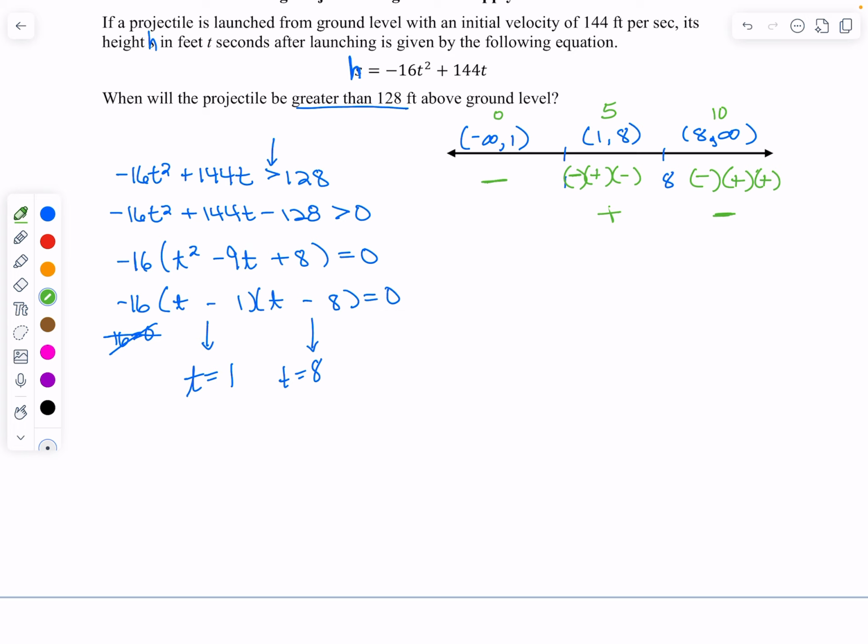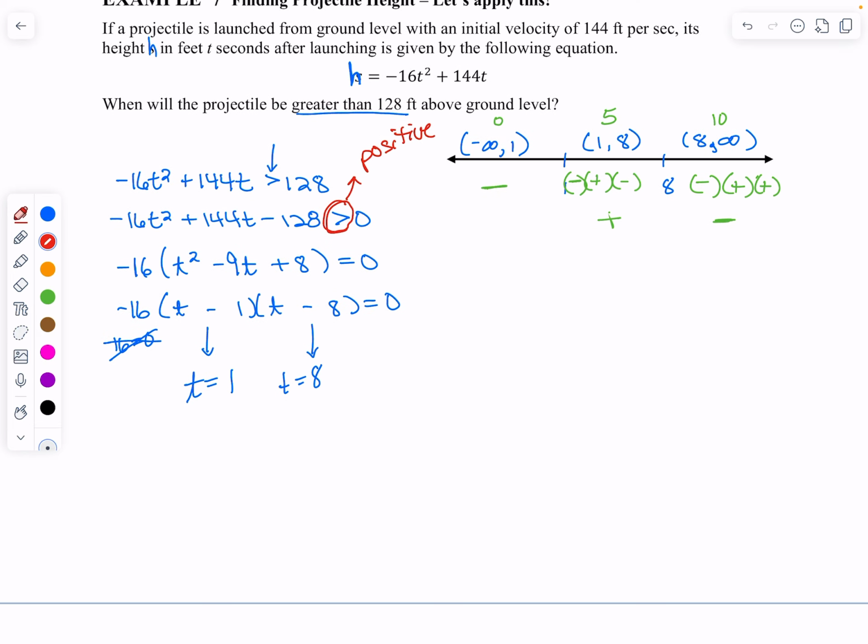All right. Last thing we're looking at now is my inequality. So my inequality has to be greater than 0. So greater than 0 is going to be, I'm looking for stuff that's positive. What about my 0? Do I have an equal mark? I don't. This did not say greater than or equal to 128.